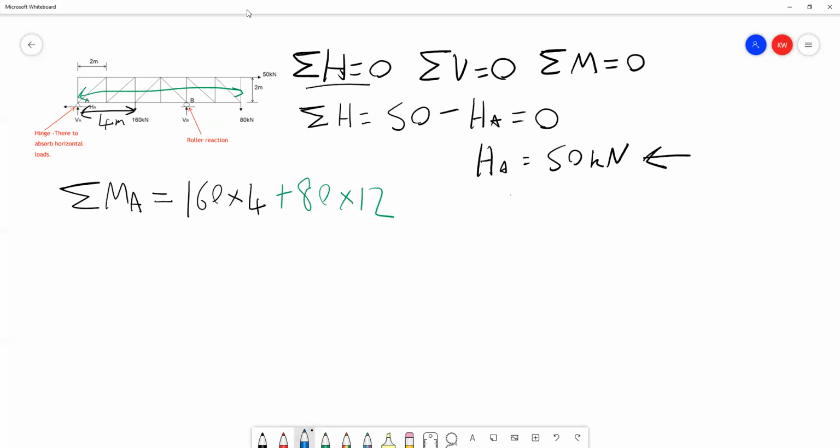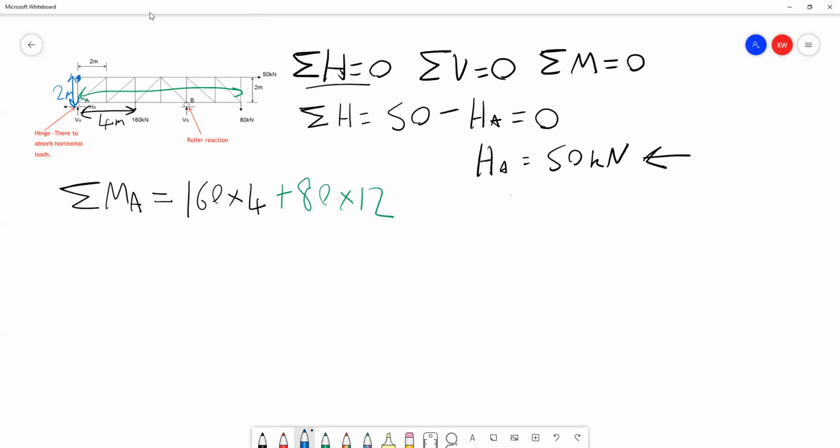But we also have to consider the horizontal force here, because a horizontal force applied to the right is going to also have a turning effect, because it's applied at a distance from the point A. This is where we're experiencing the force relative to point A. And this point, because again it's a square, is 2 meters from the point VA.